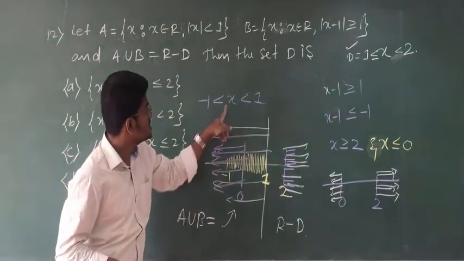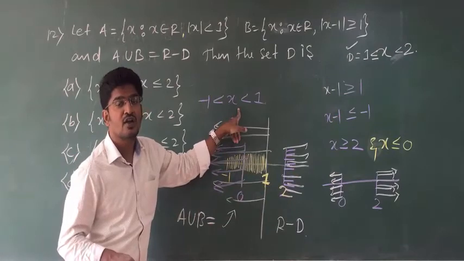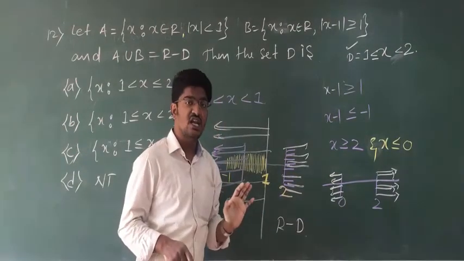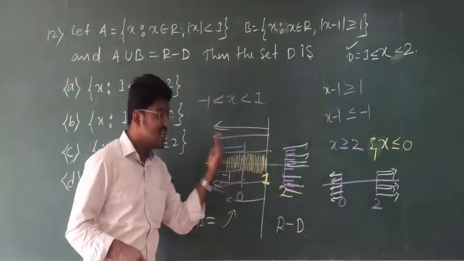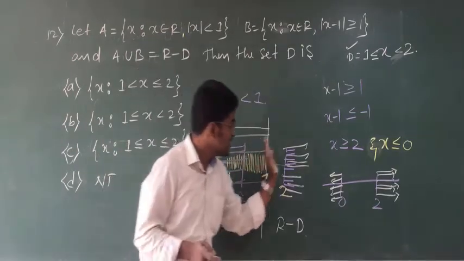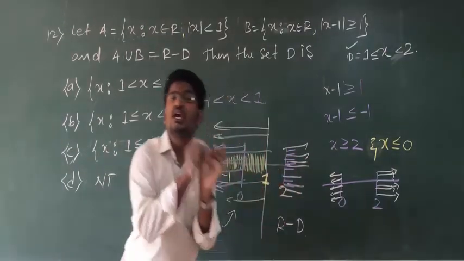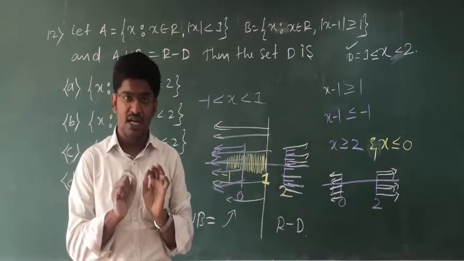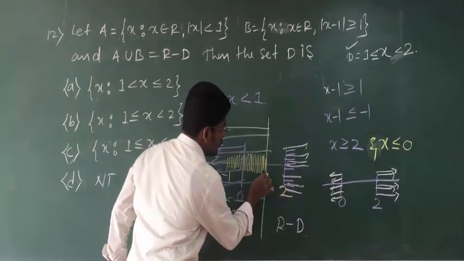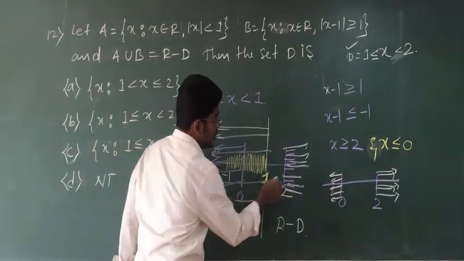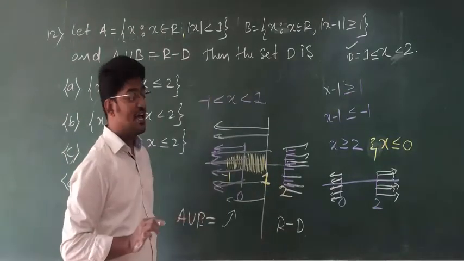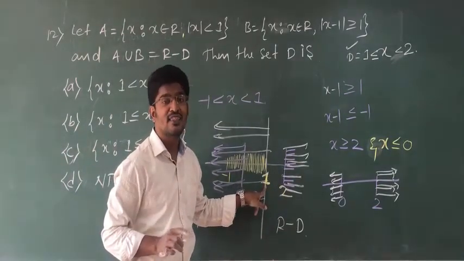See here, 1 is not present. Are you getting my point? So for that reason, lesser than 1 and greater than 2 are present in A union B, but the elements from 1 open at 2. Elements from 1, it is in D.